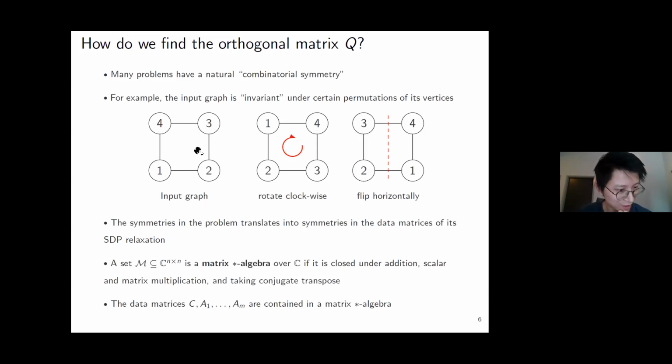But for now, I can't come up with a minimal example. I'm pretty sure there are a lot of examples, but I don't have a small example to present here. Does that answer your question? Yeah. Okay, thank you.